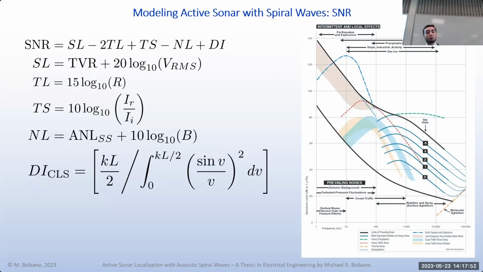Our bandwidth is small enough that, given the slope on these curves at 60 kilohertz, which is somewhere over here, the slope is low enough and my bandwidth is narrow enough that I can just say it's a flat distribution in frequency, close enough to that. At least that's what I do now. So that's my ambient noise level, and then you have to add in dB how much bandwidth your front end is taking up, and that adds to your noise as well.